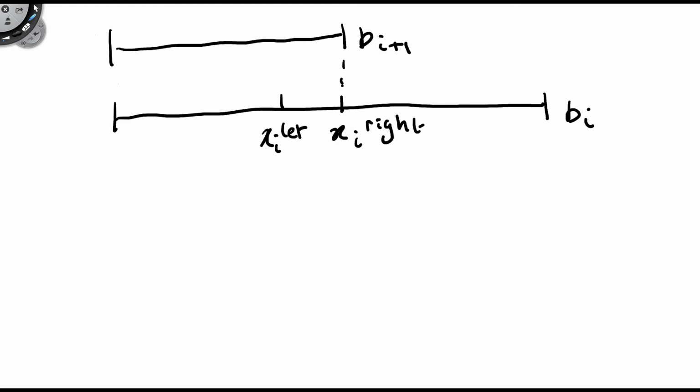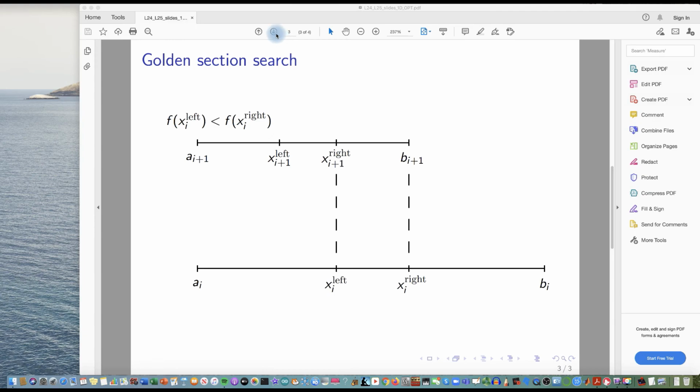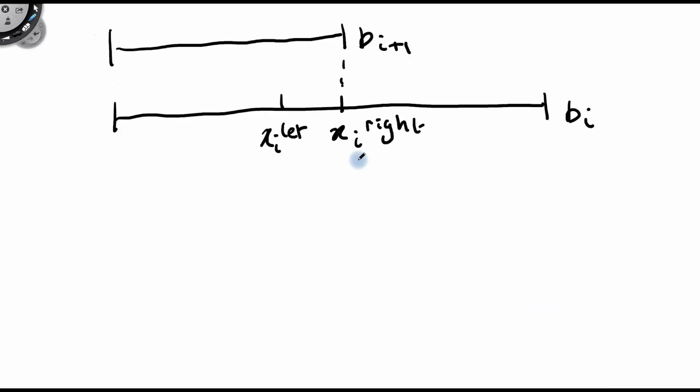And then the x_i+1 right goes there. Then you just introduce a new point, which is x_i+1 left.